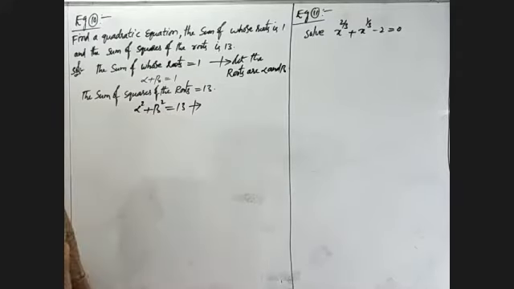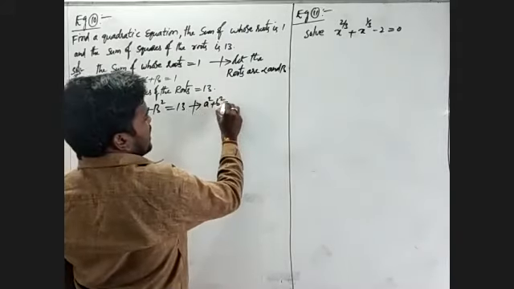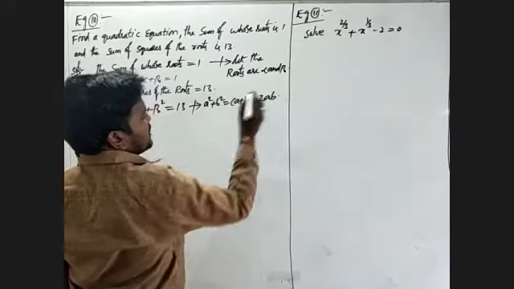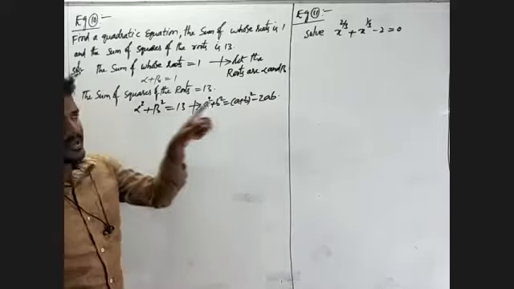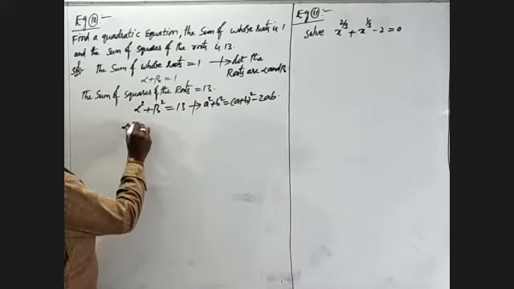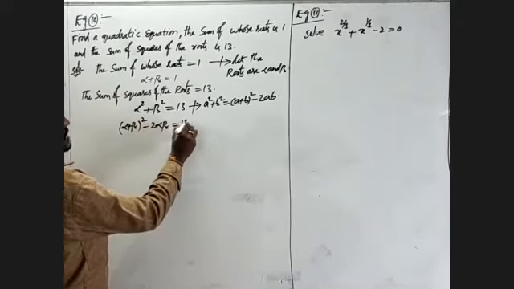Already we know the formula: a square plus b square is a plus b whole square minus 2ab, since a plus b whole square is equal to a square plus b square plus 2ab. Here I will write alpha plus beta whole square minus 2 alpha beta is equal to 13.